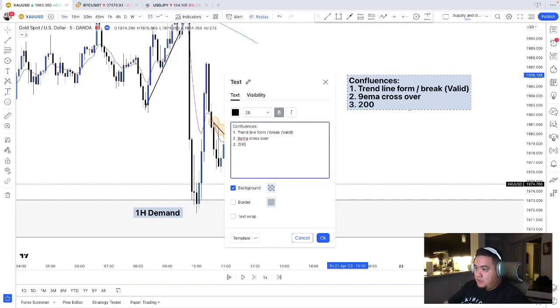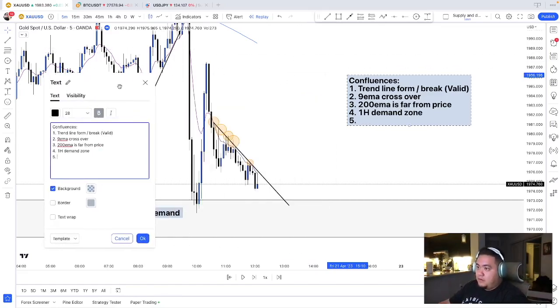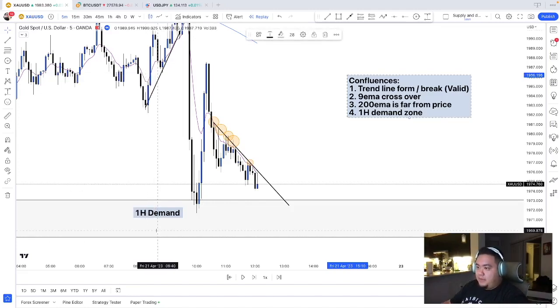Three, the 200 EMA is far from price. Four, we are near a 1-hour demand zone. Okay, and five, nothing yet. So let's go ahead and let price do its thing.